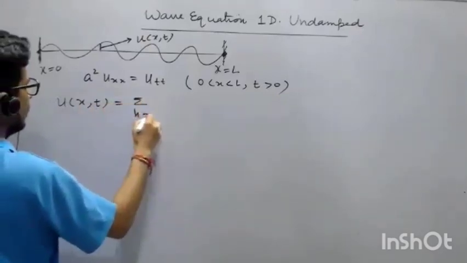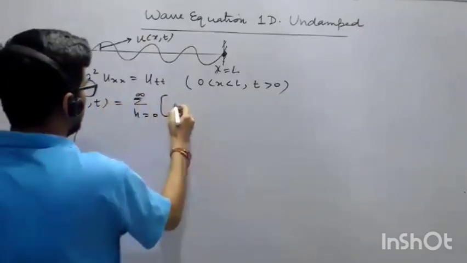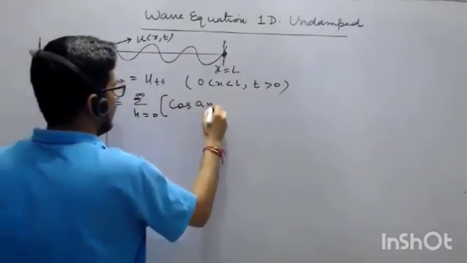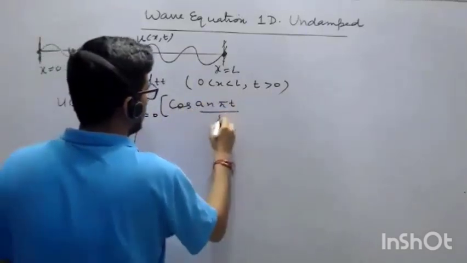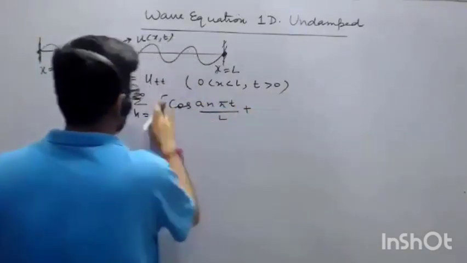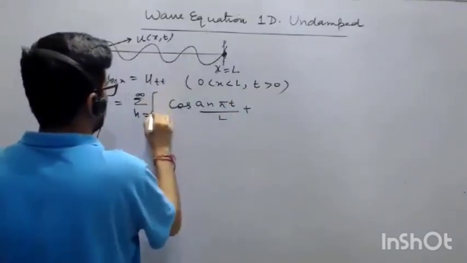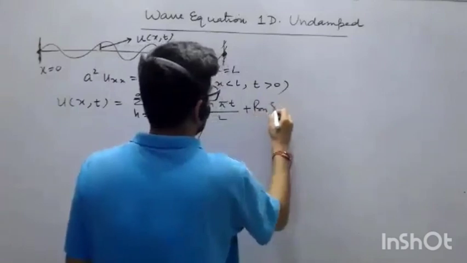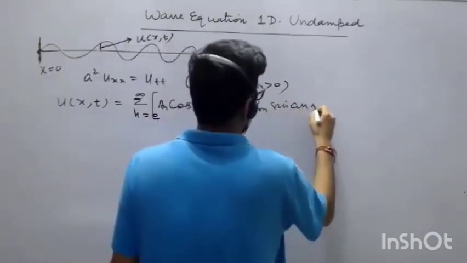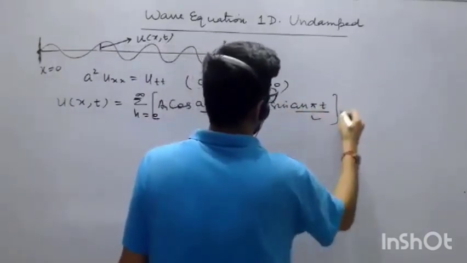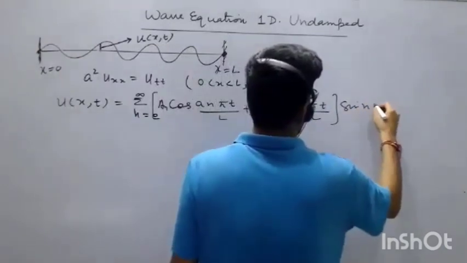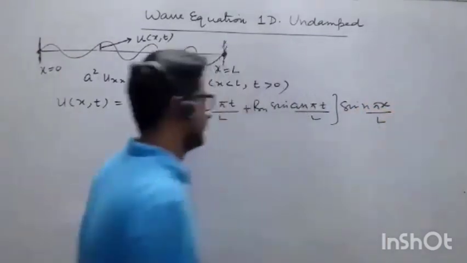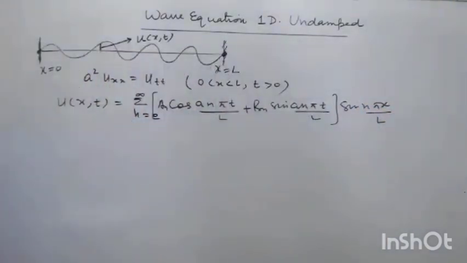Summation n is equal to 0 to infinity an cos a n pi t by l plus bn sin a n pi t by l, outside sin n pi x by l. This should be the solution which you should remember.